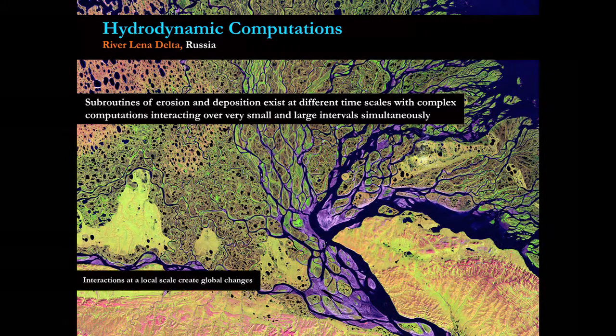The River Lena Delta in Russia, I think it's the longest river in Russia, but it's about the 10th longest in the world. There are critical points in its course where it changes radically, suddenly, with no indication, but suddenly over periods of maybe 500 to 1,000 years there will be a sudden change in course, and this is because of the way that the local interactions of particles within the system suddenly build up and change the global form of the river.